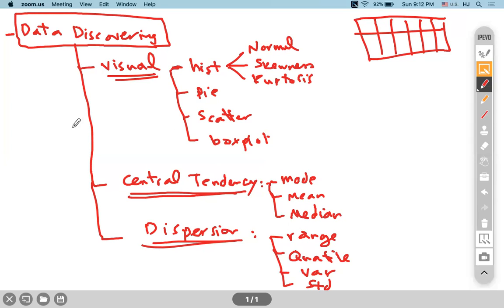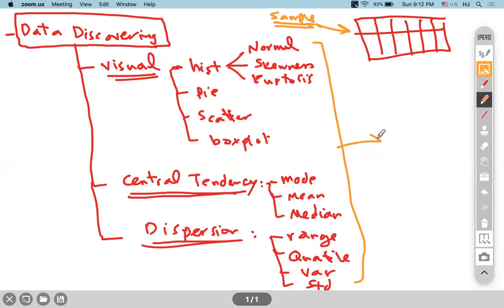Now, after we discover the data, if the data which we deal with was data about a sample, not about the population, we try to elaborate on these metrics which we had, and we try to infer or to get some indication about the population.